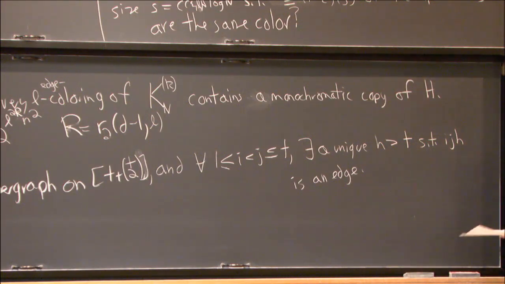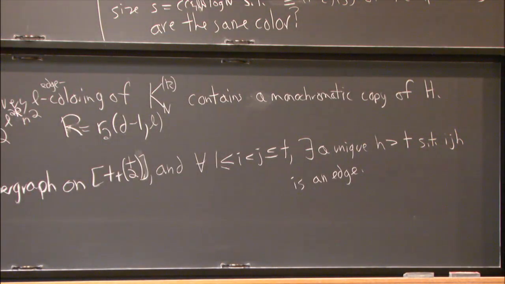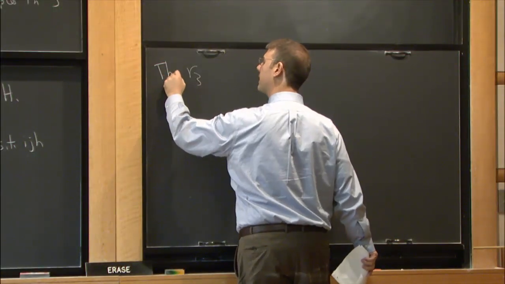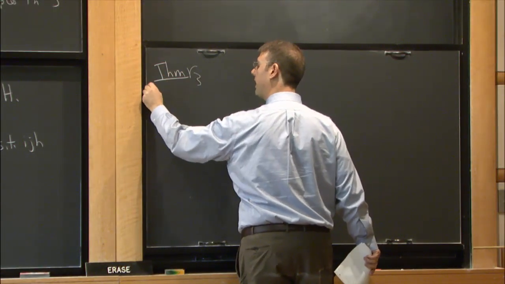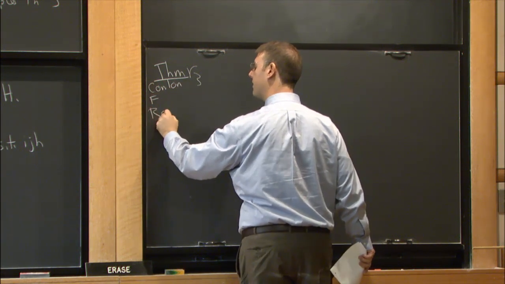And what can we say about the Ramsey number of the hedgehog hypergraph? Well, this is a very sparse hypergraph. So this is a theorem with David Conlin and Vojta Rödl.